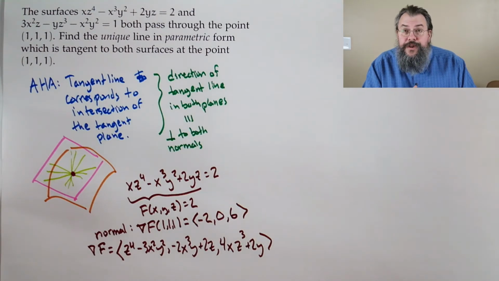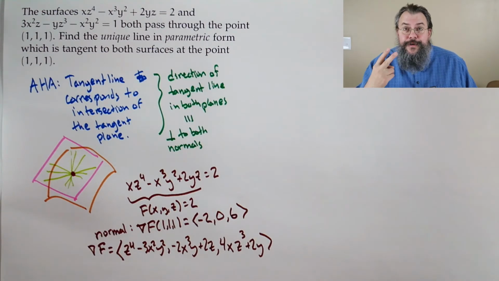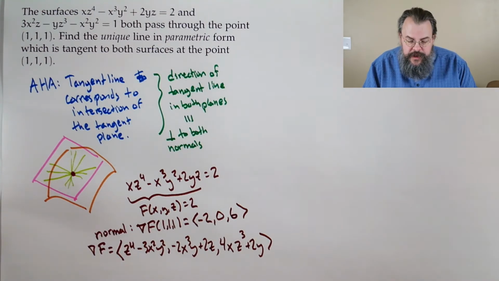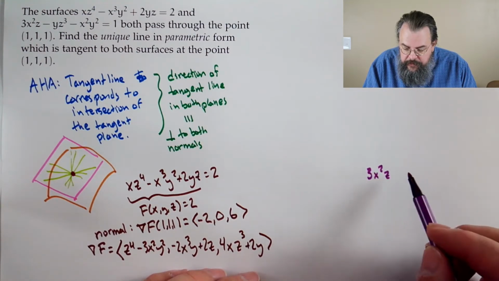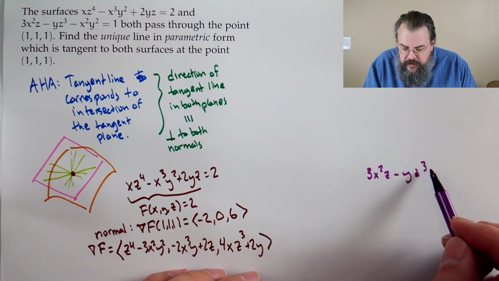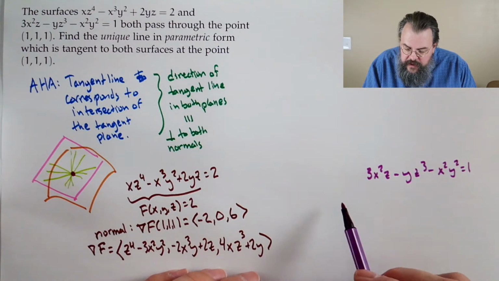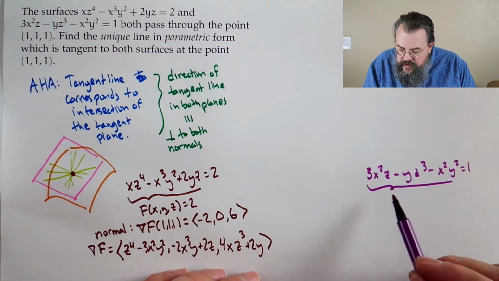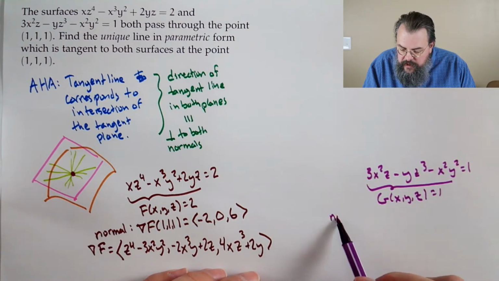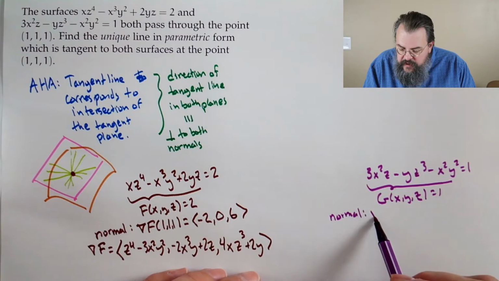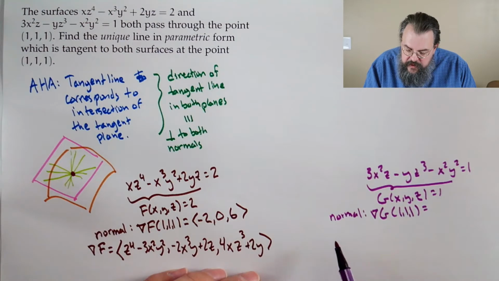Well, do the same thing with g. It's a technique so nice, we're doing it twice, right? We have two planes. With g, similar setup, we have 3x squared z minus yz cubed minus x squared y squared equals 1. Think of this as g of x, y, z, so we want our normal to be the gradient at the point 1, 1, 1.